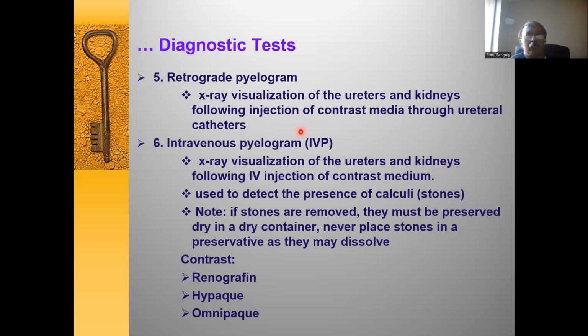Air will show up in the X-ray as if there is a stone there mistakenly. So to avoid that mistake, first you have to learn how to fill your 35 cc syringe with Hypaque contrast media or Renografin or Omnipaque.